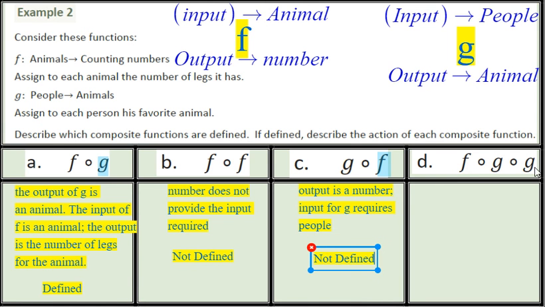And finally, f of g of g. We start at the right, deepest inside, with that g. So my input is a person, my output is an animal. So I have an output of an animal.